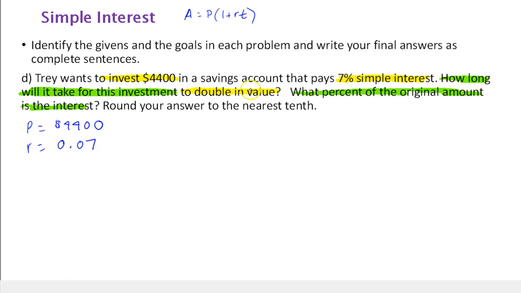Now, how long will it take for this investment to double in value? So this is asking us to solve for time in years. Okay. And to double in value means the future amount will be 2 times the principal. So 2 times $4,400 is $8,800.